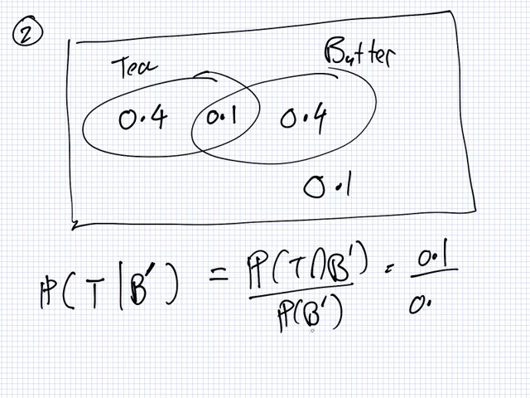What's this one here? No butter. Well, what's butter? 0.5. So no butter is also 0.5. So the answer here is 0.2. Yeah?